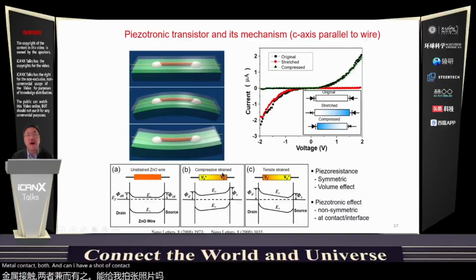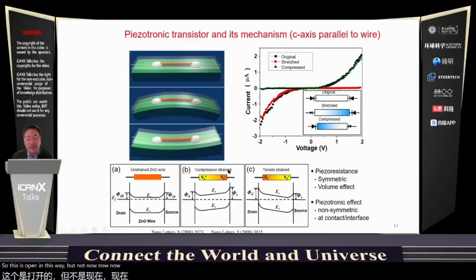If you apply a compressive strain, this end has negative polar charge, the other has positive polar charge. The negative charge raises the barrier height. This lowers the barrier height. So raising the barrier height prevents electron flow this way, but does not affect electron flow that way. But this lower barrier helps the electrons to transport this way. So this is open in this way, but not that way.